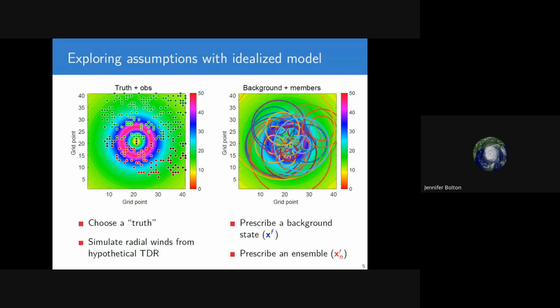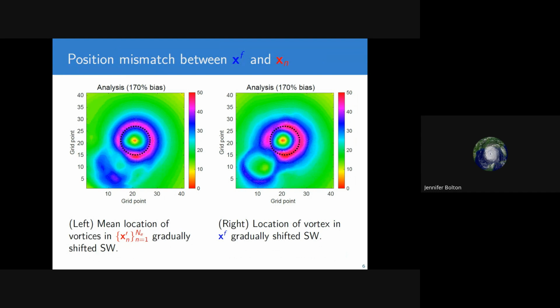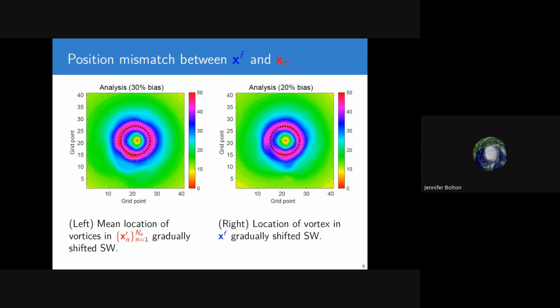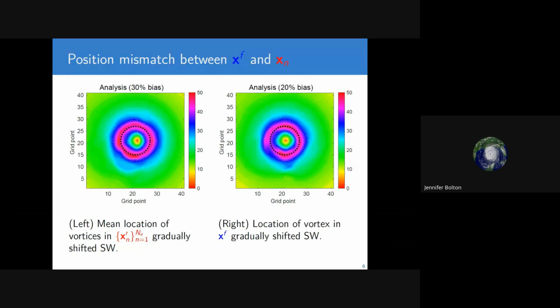And then I have to give it an ensemble because the weighted ensemble perturbations are going to define what that increment is. And so I just provided some ensemble that has uncertainty in Vmax, Rmax, and the position. And I did a series of experiments, two of which give me major asymmetries. Here, what I'm showing you is a set of animations where I induce some mismatch between XF and XN.